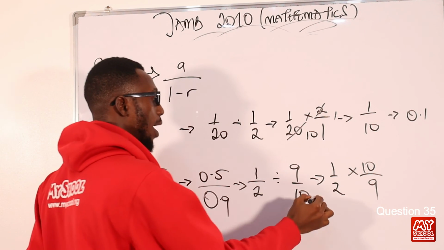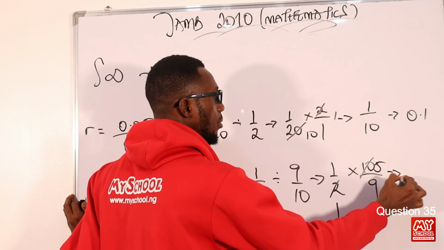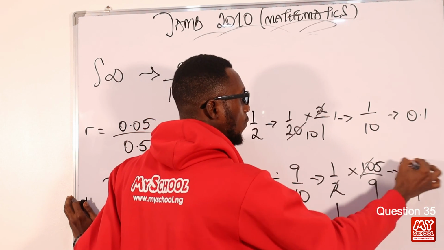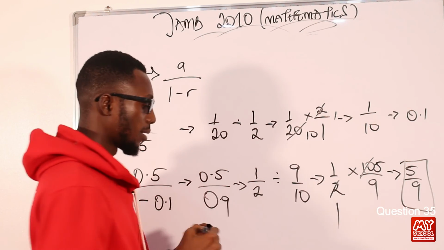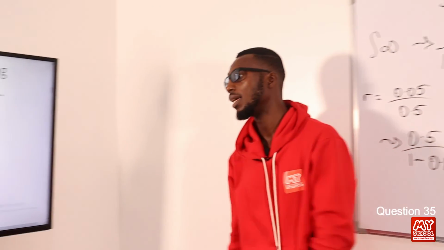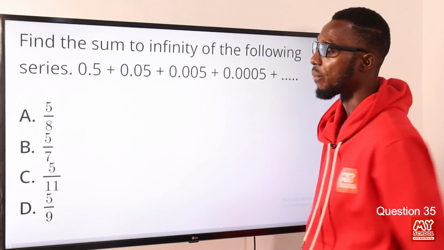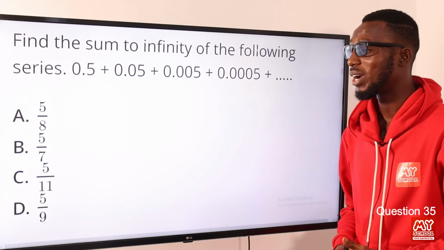Simplifying, I have 5 over 9. So the sum to infinity is 5 over 9. Let me see if I can pick out 5 over 9 in the options provided. Of course, we do, and that is option D. So option D is the correct option.